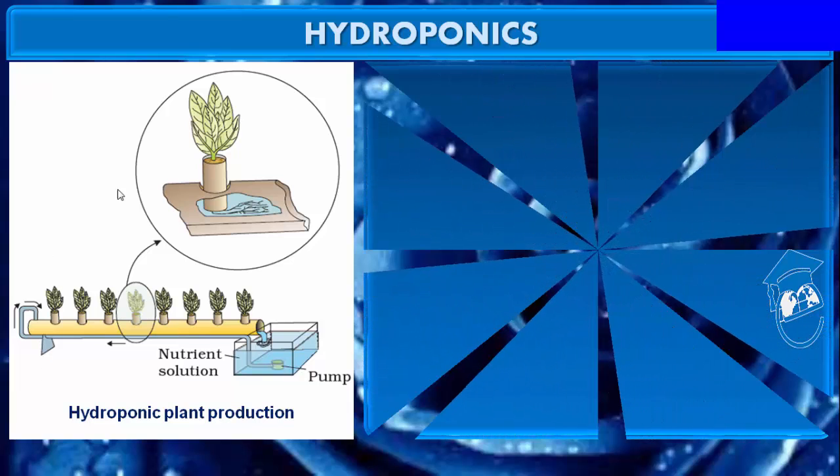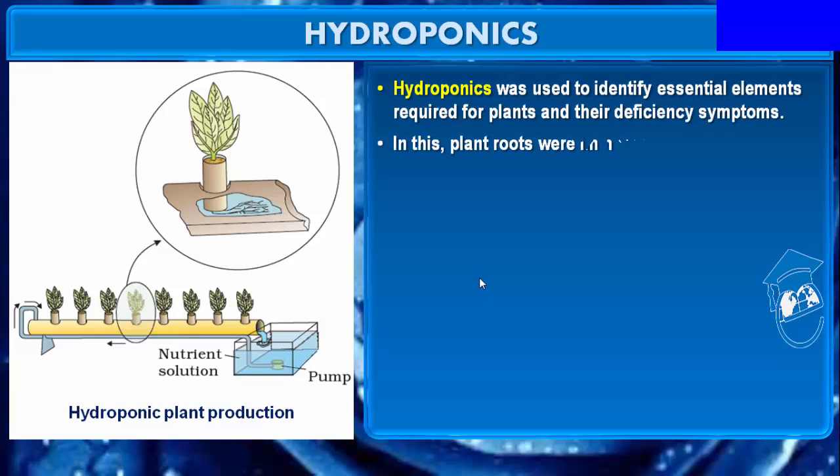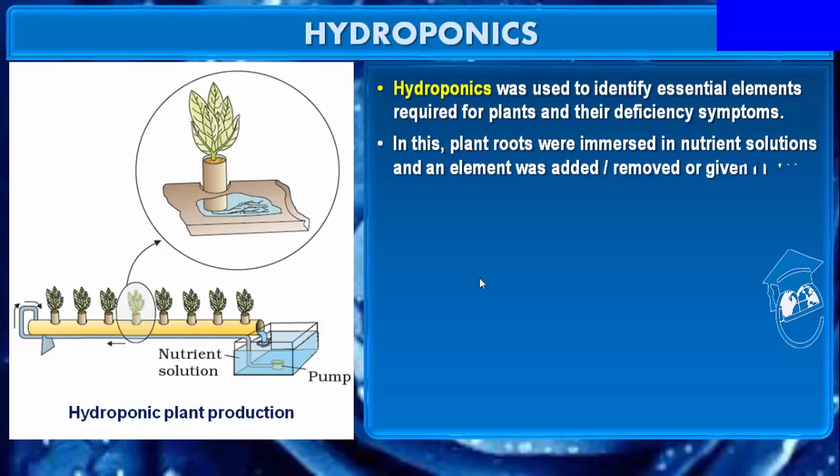So this is our hydroponic plant production, students. See, this is the nutrient solution. This is the zoom view of a plant growing in a nutrient medium. Hydroponics was first used to identify essential elements which are required for plants and their deficiency symptoms, students. In this, plant roots were immersed in nutrient solution.